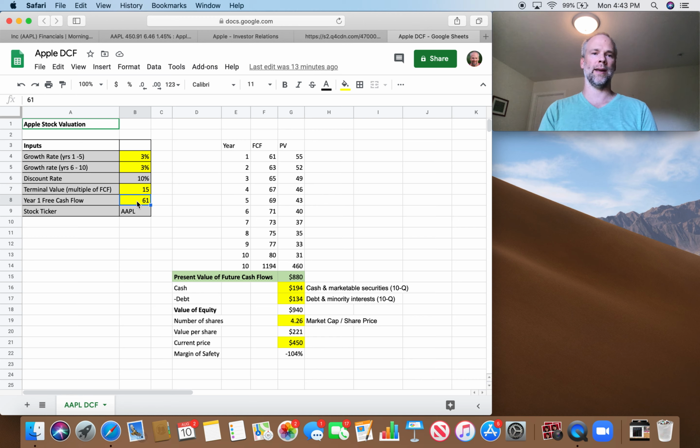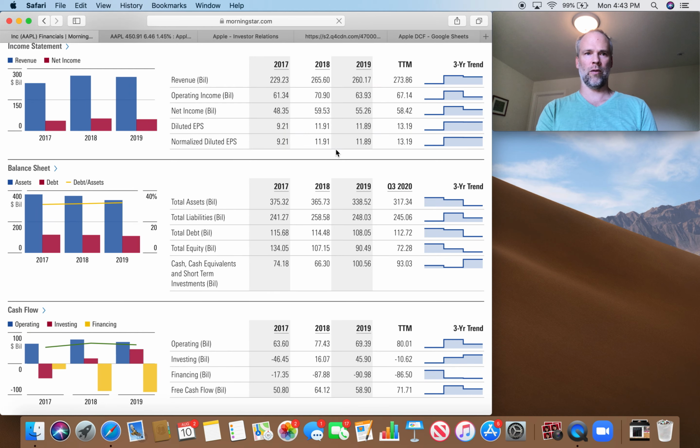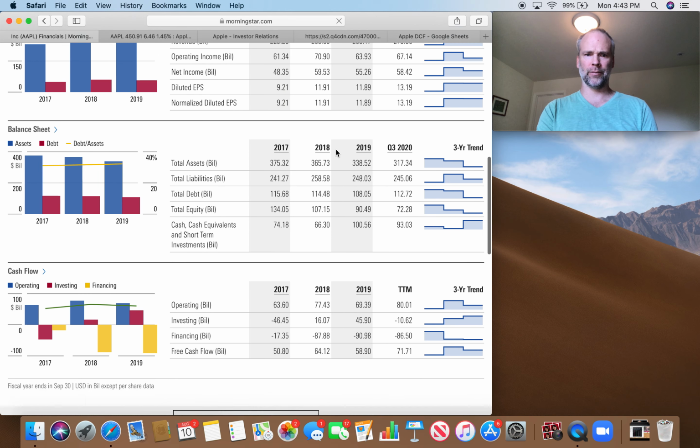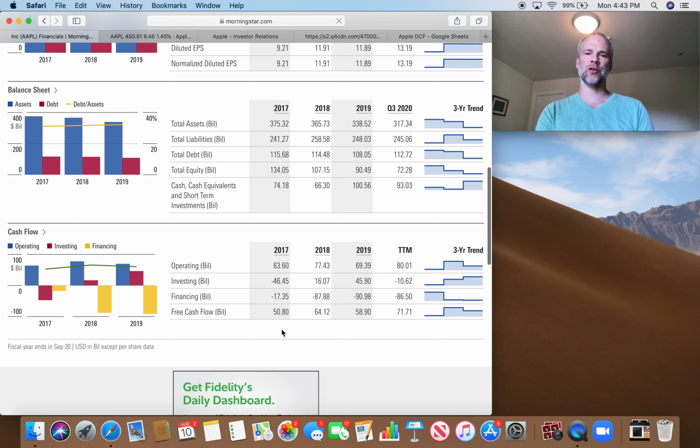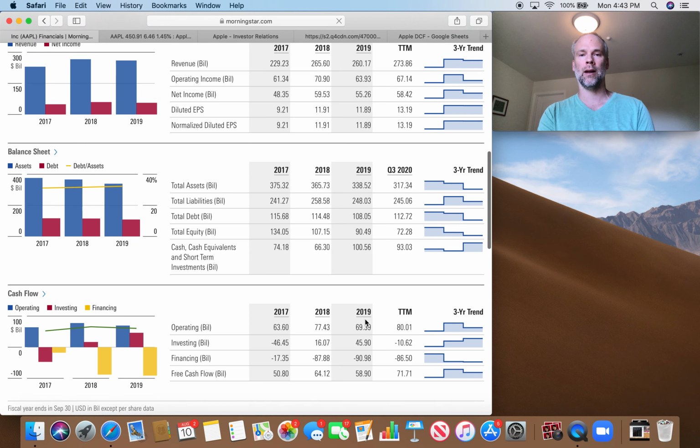The first one we want is this year 1 free cash flow. So we're going to come over to Morningstar and we're going to look at this free cash flow. So this is the annual free cash flow that Apple has generated. Now you see here, trailing 12 months, it's quite a bit higher than any of these annual figures from 2017, 18, and 19.